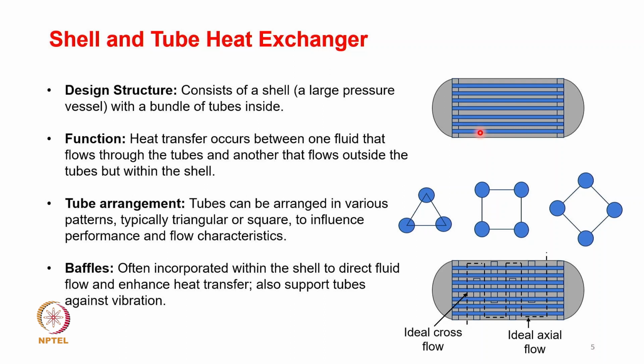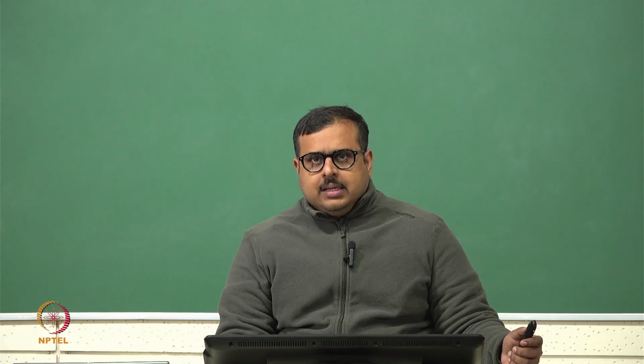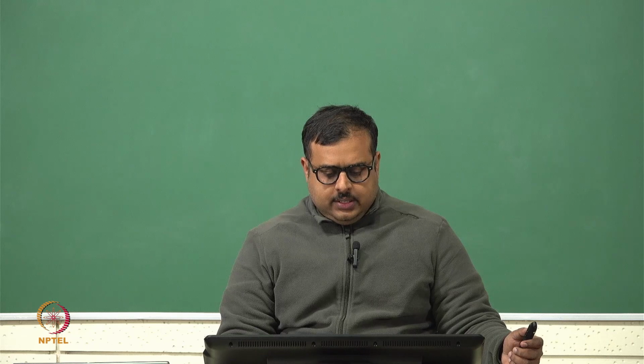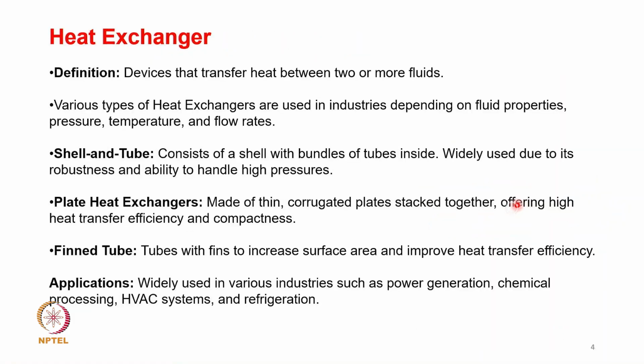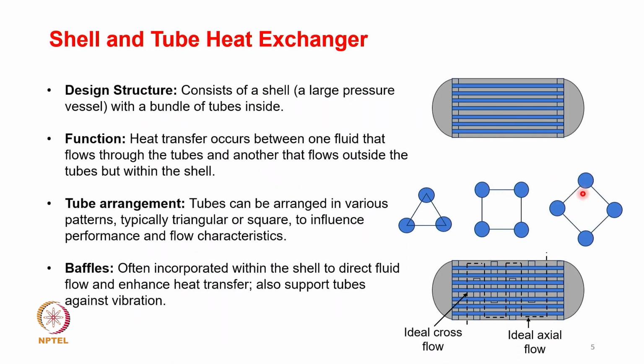Why? Because then there is no space for the shell fluid to pass through. So there would be some spacing, and there are certain standard patterns in which the tubes are arranged. For instance, triangular, square, and of course in the shape of a diamond, and so on and so forth.